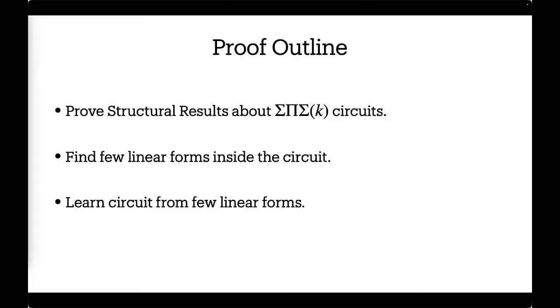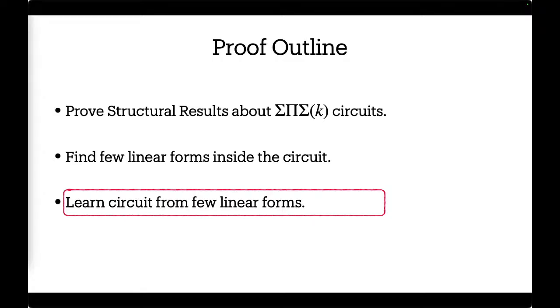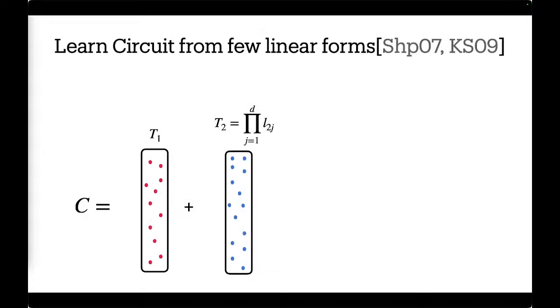And then we use these structural results to learn a few linear forms that happen to be inside the circuit somewhere. And then we learn the entire circuit using the few linear forms we learned inside the circuit. So I want to talk first about step 3. Why? Because I didn't do it. It was done by Shpilka and Karnin-Shpilka.